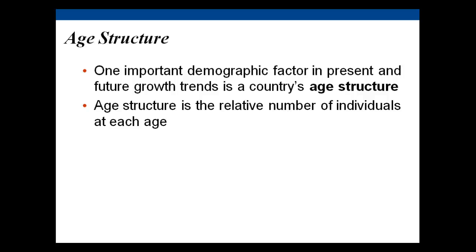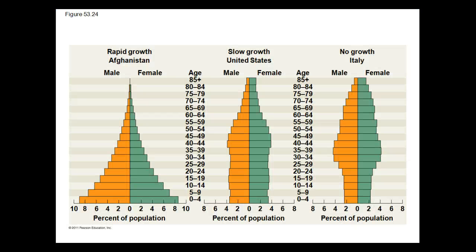They always talk about a country being ranked on how well it takes care of its very young and its very old. For example, this is kind of fascinating. Rapid growth in Afghanistan, slower in the United States, and also in Italy, where there really isn't any growth of population. But look at this. This is kind of interesting how it goes from age 85.